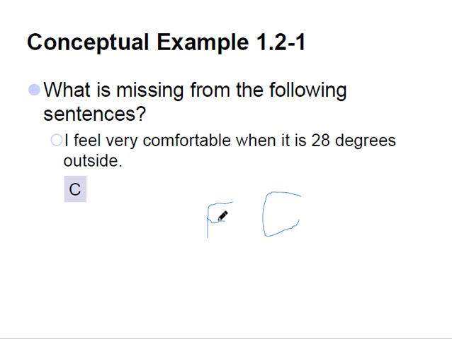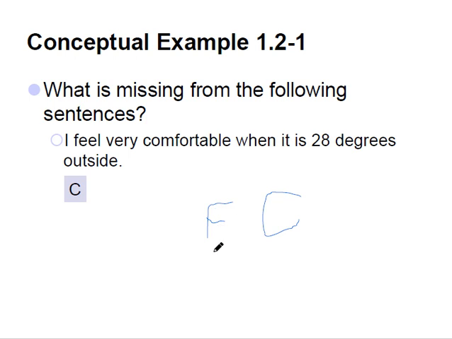So you have to choose whether we are dealing with this unit or that unit. We take a look at our number, and the sentence says feel very comfortable. If you are at 28 degrees Fahrenheit, you're not going to be comfortable, because you will be very cold.